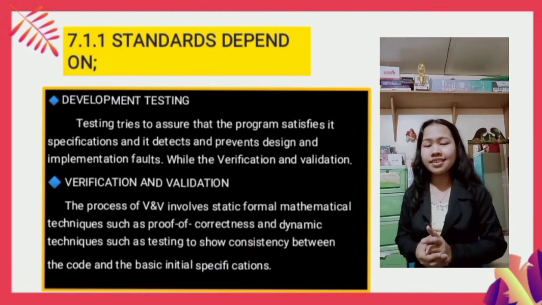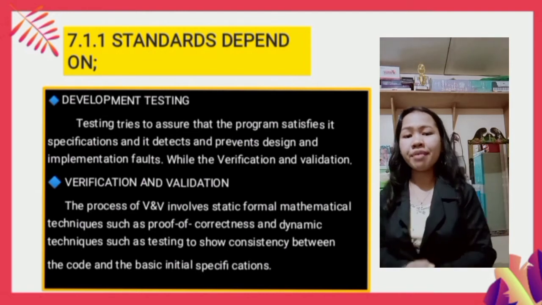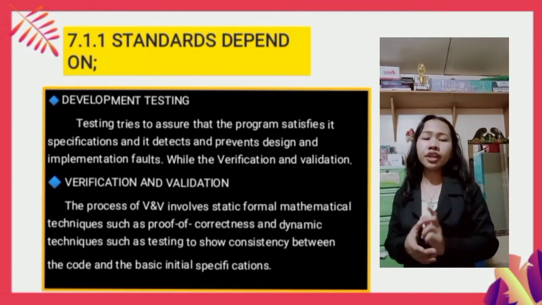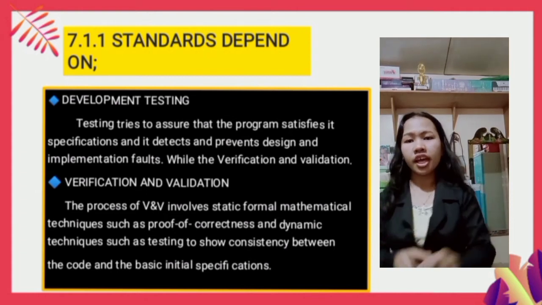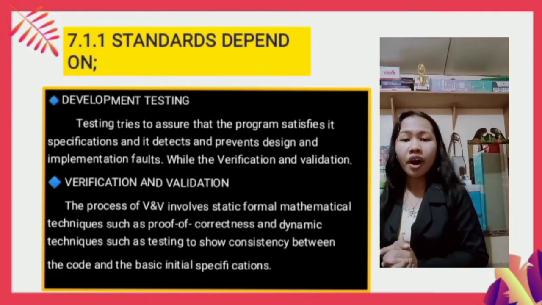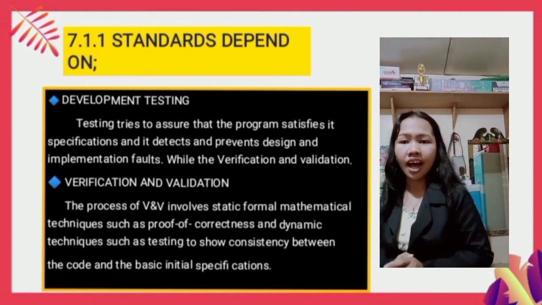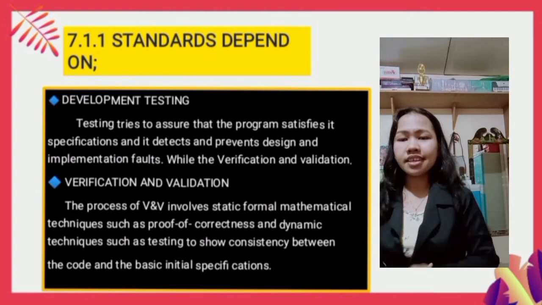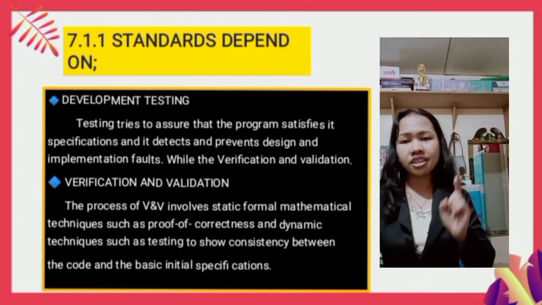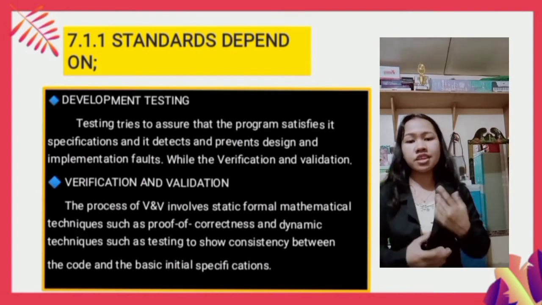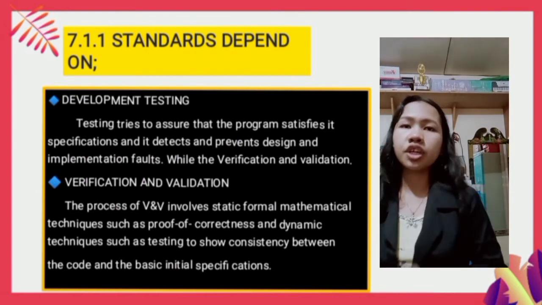The second one is verification and validation, which involves static formal mathematical techniques such as proof of correctness and dynamic checks of consistency between the code and the basic initial specification.